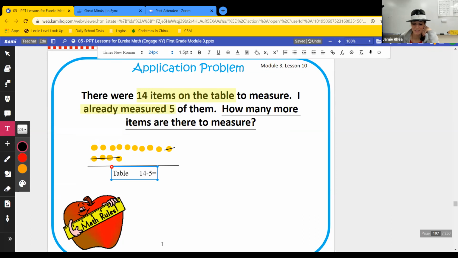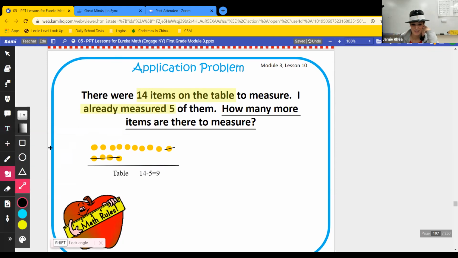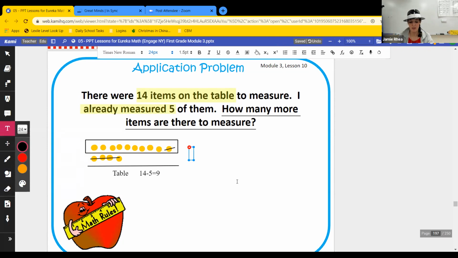I have 9 left. Now, this is my 10, and if I take 1 away from 10, I get 9. And I took all the other ones away, so there's nothing else left to add to it, so I have 9. Let's write it out. There are 9 items left to measure.